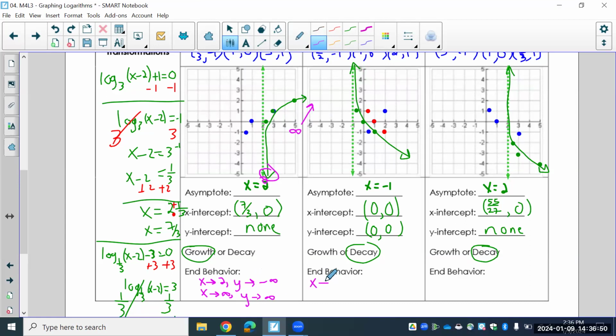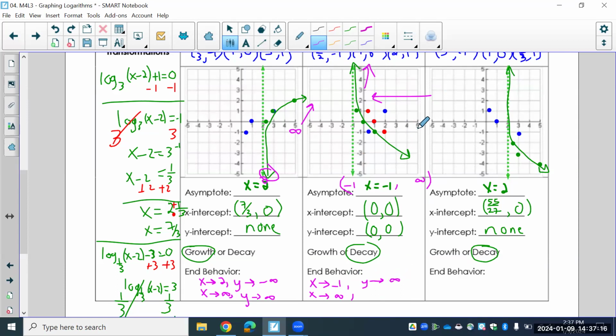Now over here, if I do this one, the domain of this one starts at -1 and goes to infinity. So we would have x is -1, goes to infinity. The domain again would be -1 to infinity, like that. And so what is the range doing? Well, right here, at -1, if I go this way, the graph is going up to infinity.